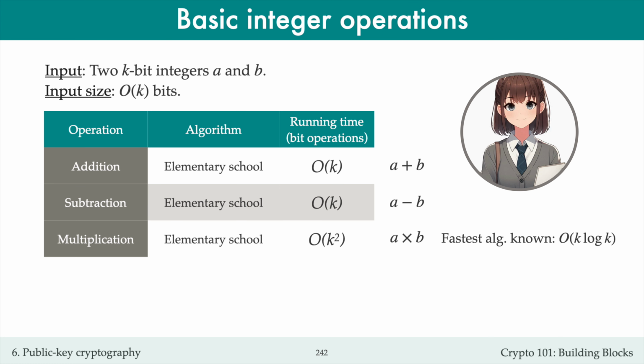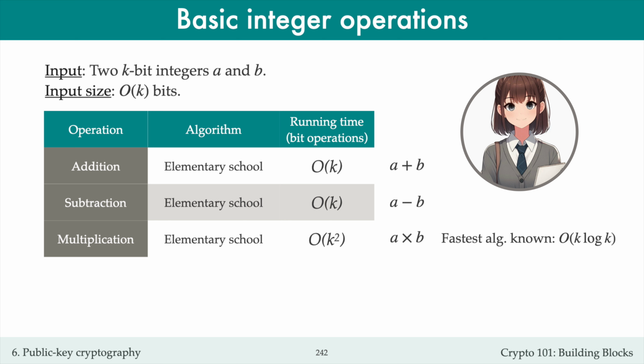I'll mention, as an aside, that one can do better. In 2020, it was proven that k-bit numbers can be multiplied in big O of k log k bit operations. This algorithm is extremely complicated and highly inefficient in practice because of the very large constants that are suppressed by the big O notation.